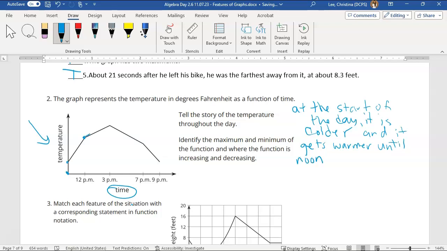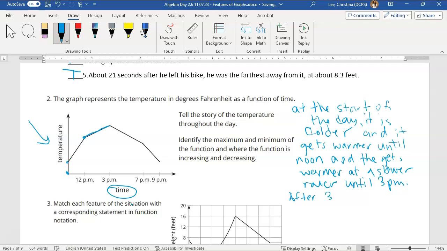And then it continues to get warmer, but at a slower rate, until 3 p.m. After 3 p.m., so you finish the story. After 3 p.m., what happens to the temperature? Until 7 p.m. and then until 9 p.m.